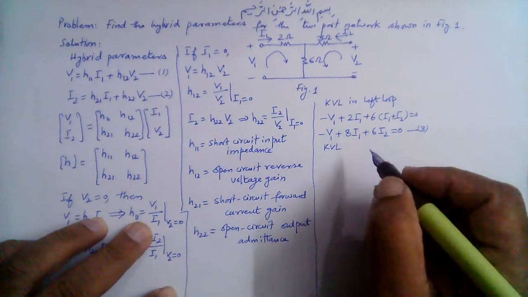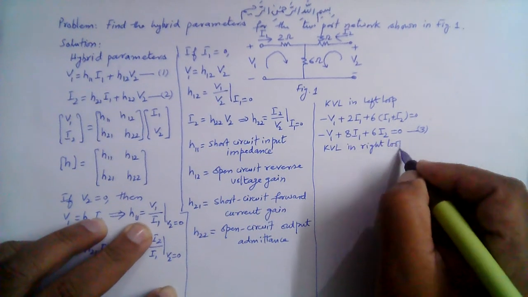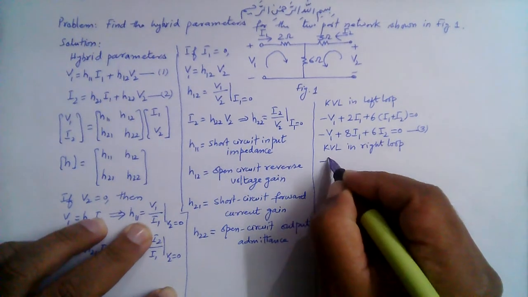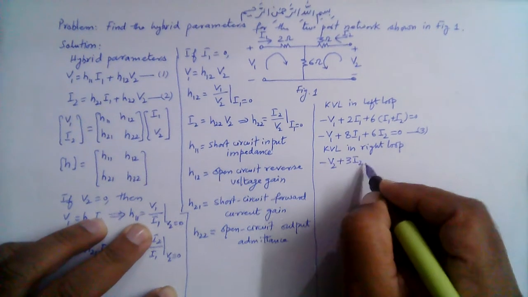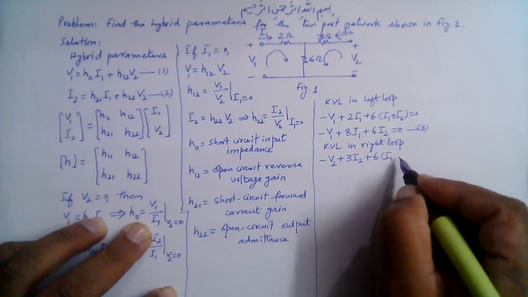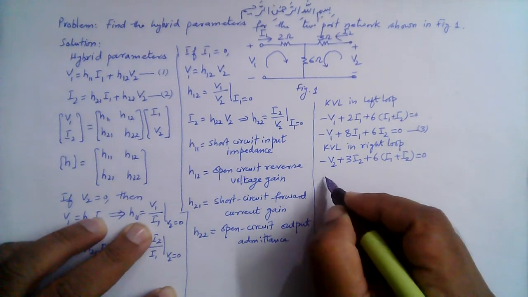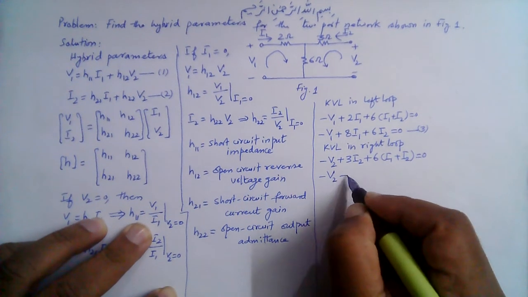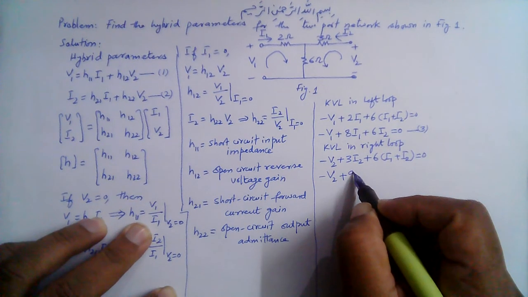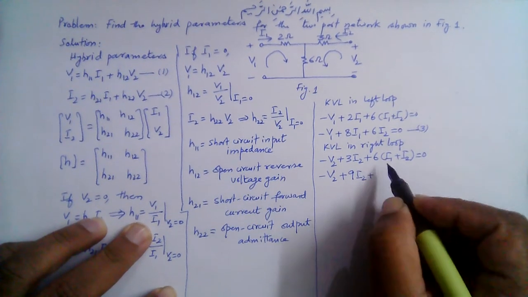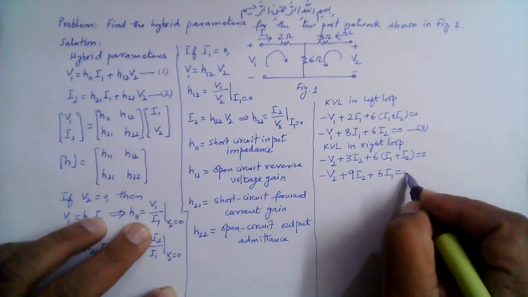So let's now apply KVL in the right loop. So this is minus V2 plus 3I2 plus 6(I1 plus I2) is equal to 0, right? And this is minus V2 plus 3I2 plus 6I2, so that will give us 9I2, plus 6I1 is equal to 0.